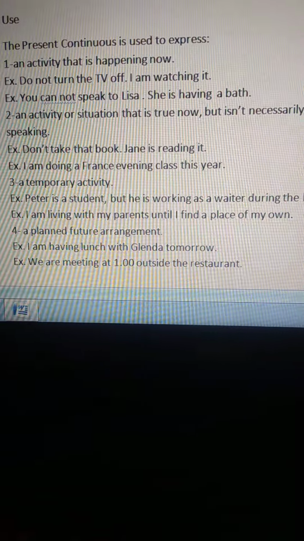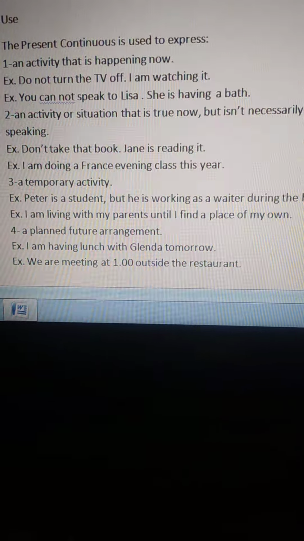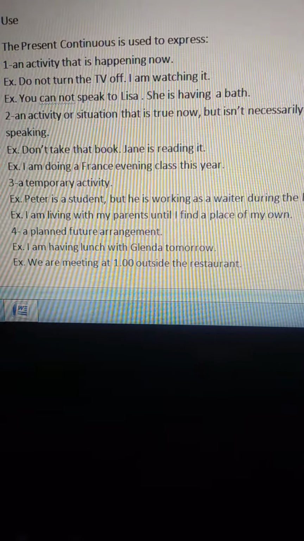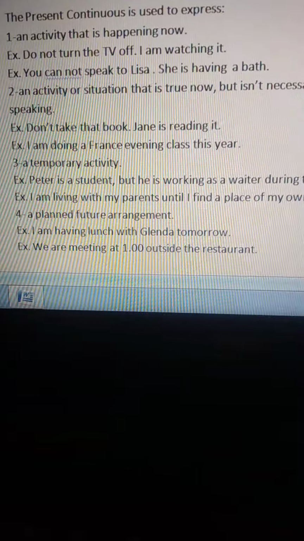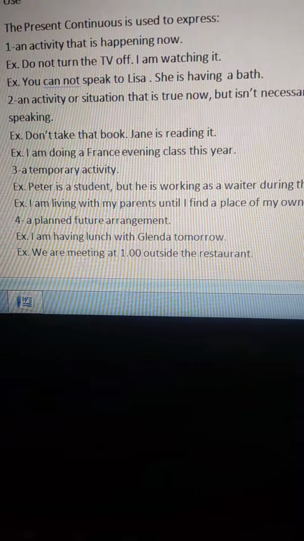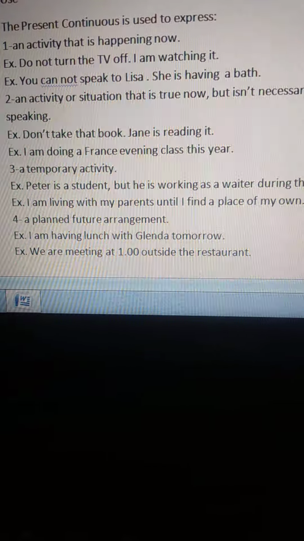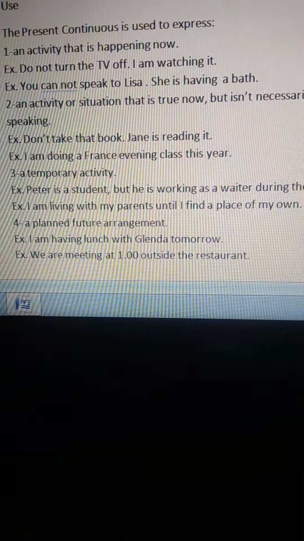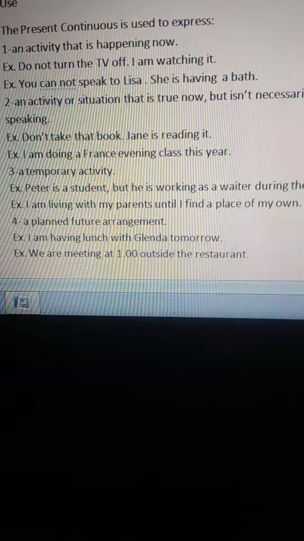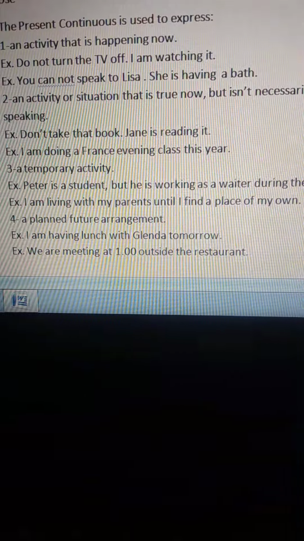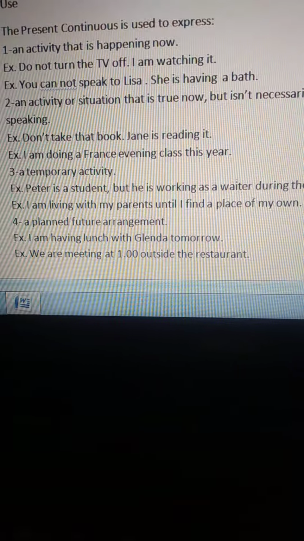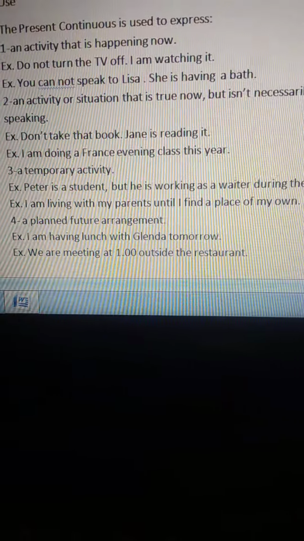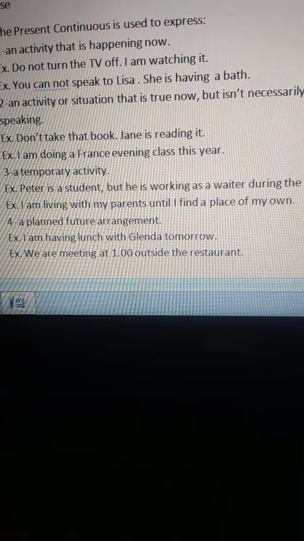Number four, a planned future arrangement. I am having lunch with Glenda tomorrow. I am refers to the subject and auxiliary verb. Having refers to the verb.